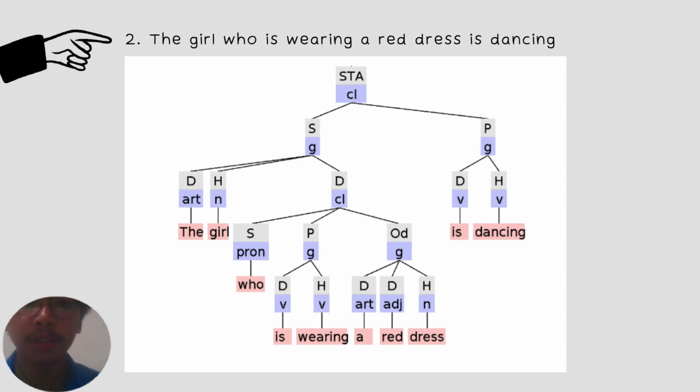And then in the noun phrase, there is a clause, divided into pronoun who, verb is, and then the next one is verb wearing, and then article a, adjective red, and noun dress. The verb phrase is divided into two verbs, is and dancing.